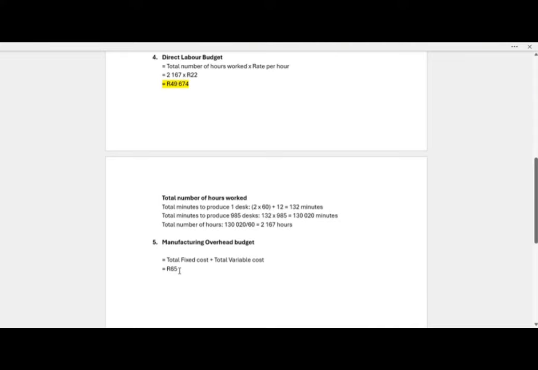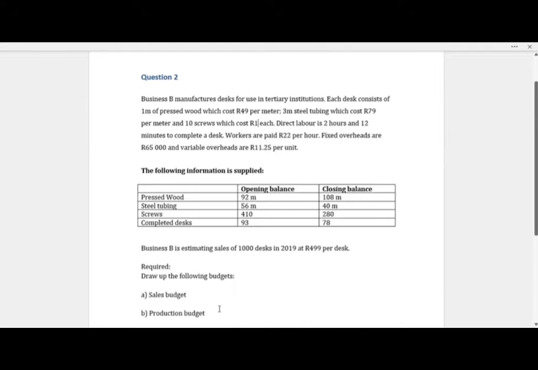Then you add the total variable cost, but the total variable cost is not given. They gave us variable overheads per unit, which is 11 rand 25 cents. They say variable overheads are 11 rand 25 cents per unit.